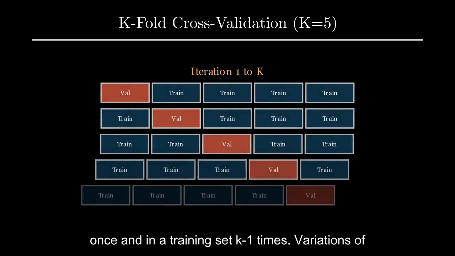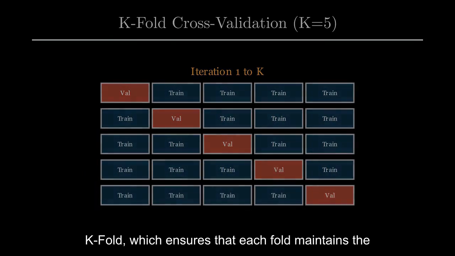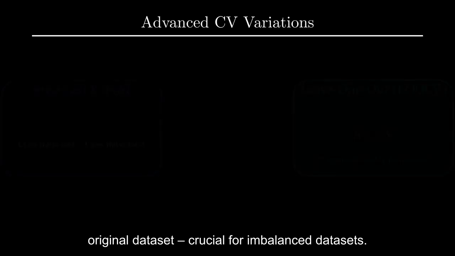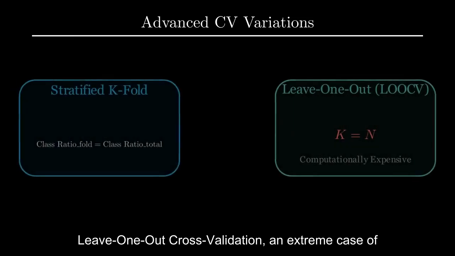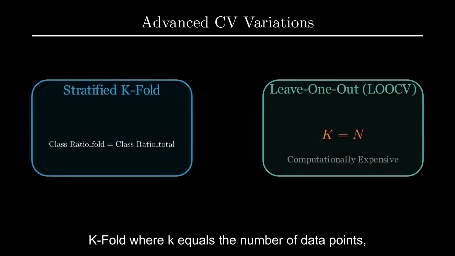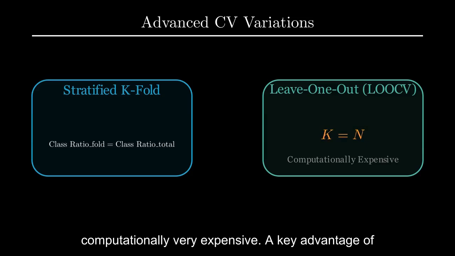Variations of cross-validation also exist, such as stratified k-fold, which ensures that each fold maintains the same proportion of target variable classes as the original dataset, crucial for imbalanced datasets. Leave-one-out cross-validation, an extreme case of k-fold where k equals the number of data points, provides nearly unbiased estimates but is computationally very expensive.